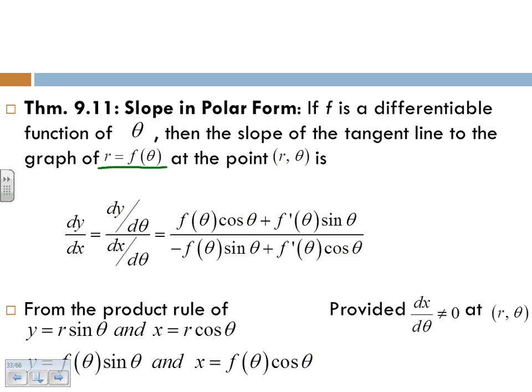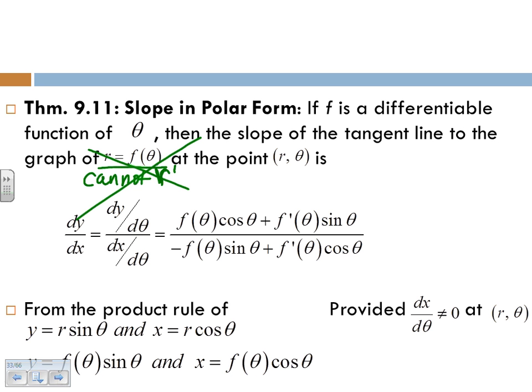I cannot just go find r prime for the slope. If you did it, you're like, oh, this is easy, r prime. No, it's not that easy. It is more complicated than that. R prime we're going to use in a little bit, but it's not to find the slope.